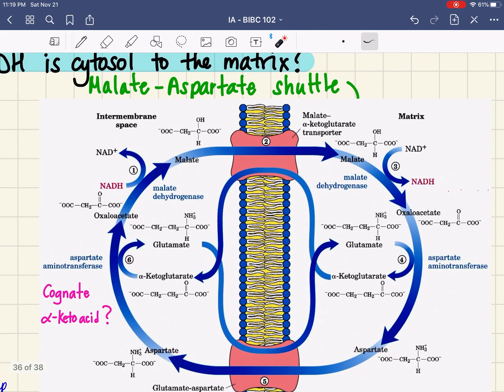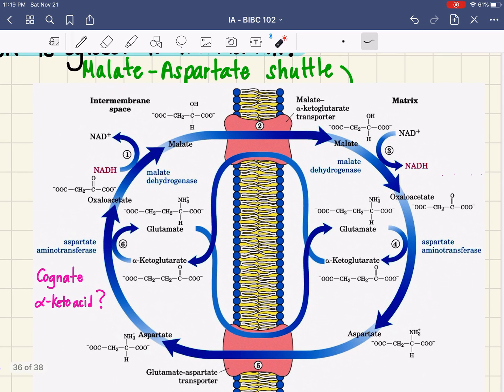The next shuttle is malate-aspartate shuttle. And this may look a little scary, but we'll go through it. I like to start from this top left corner. We have a molecule of oxaloacetate. Oxaloacetate is reduced right here on the carbonyl by NADH, so it turns into malate.